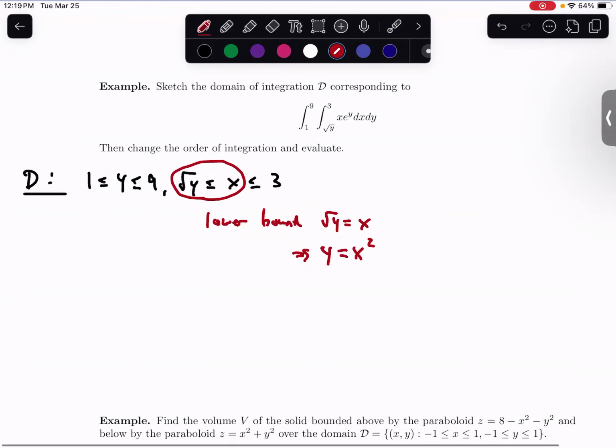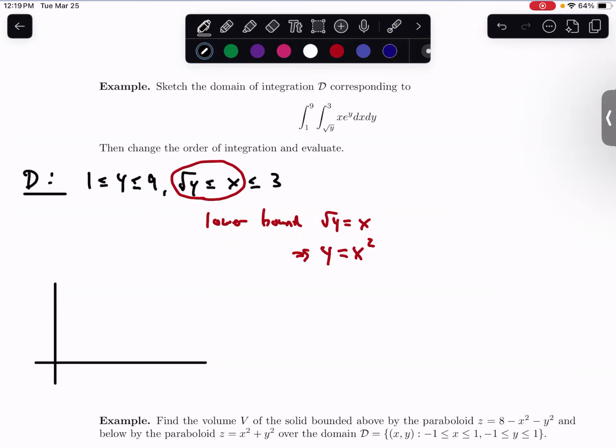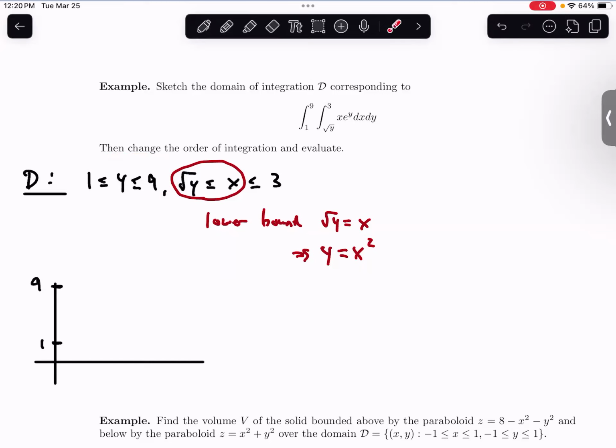And so in terms of what our picture is going to look like, this is the graph we're looking at. We're told that y is bounded between 1 and 9, so that's this part here, the 1 to 9 part.